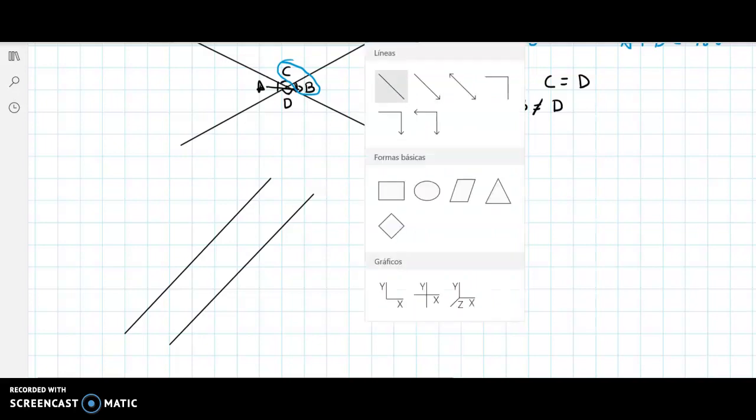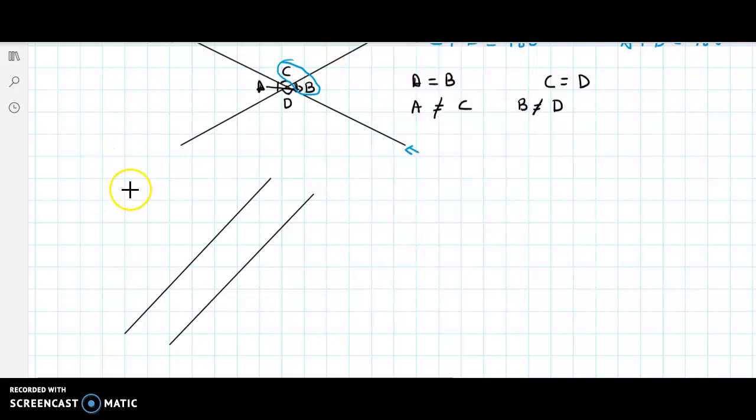And I'm going to make a line that crosses these two lines. For example, this line. Well, so I'm going to write different angles in these lines, okay? So I'm going to start right here. This angle is going to be A.